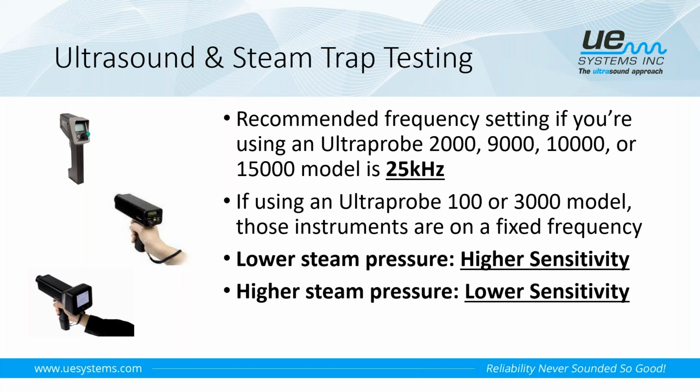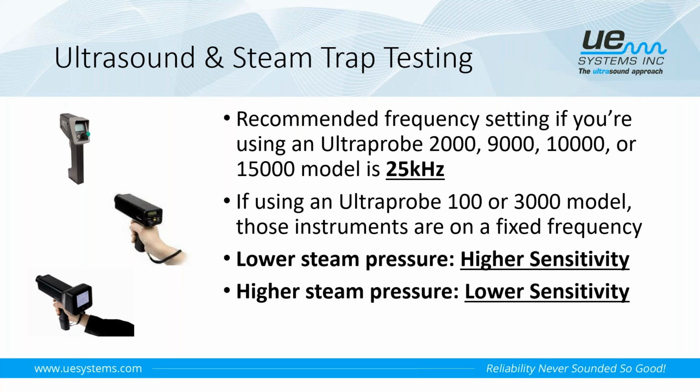Now, most of the instruments, especially the digital ones, will actually tell you in which direction to turn the sensitivity. It'll be a blinking arrow pointing to the right, telling me to increase the sensitivity. It's basically just telling me that it's not picking up anything. It's not able to register how much noise that source is creating.